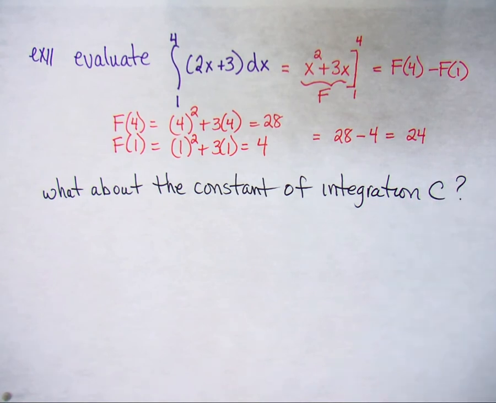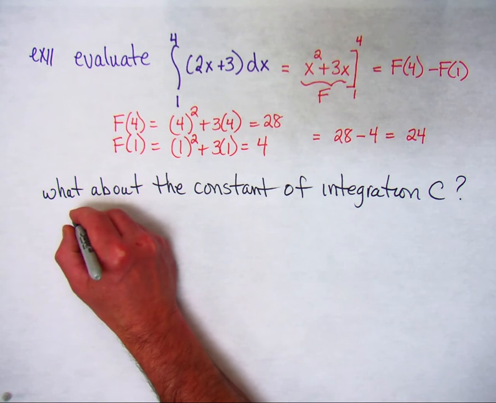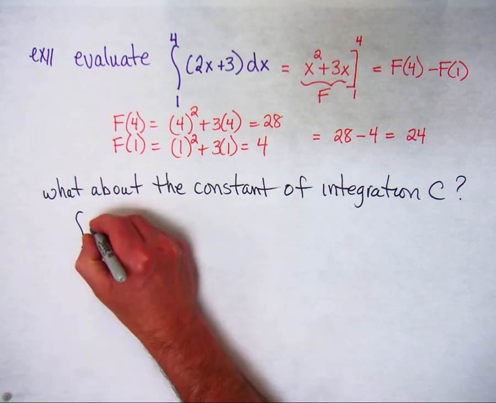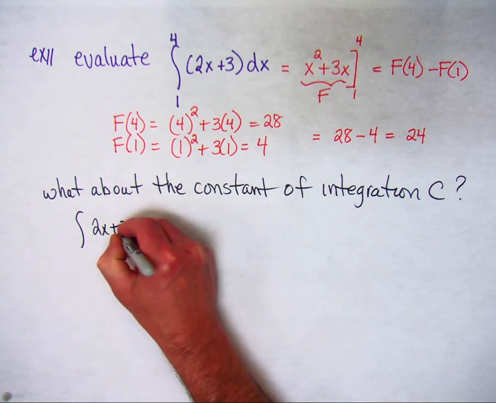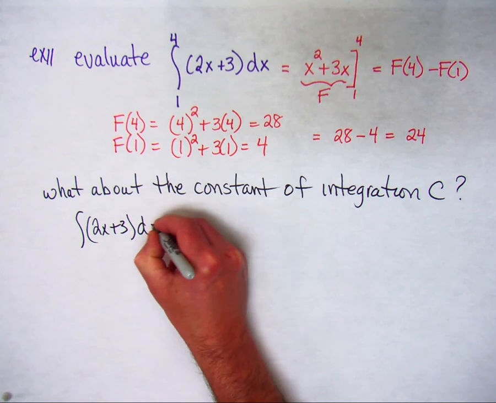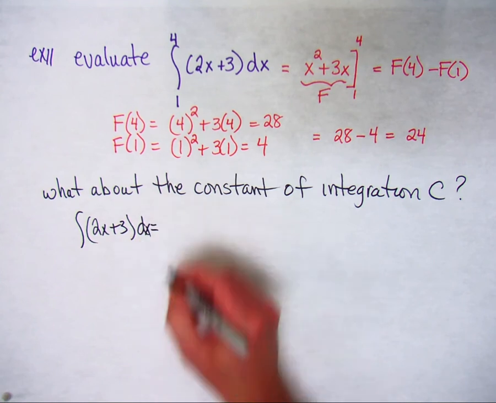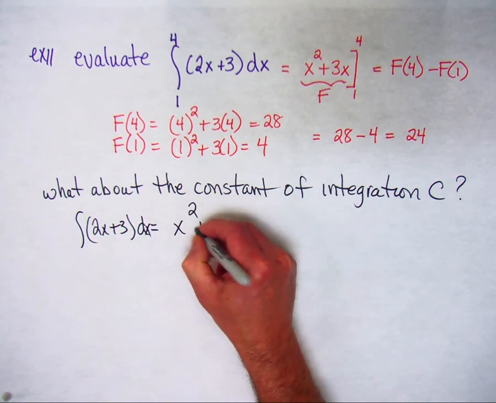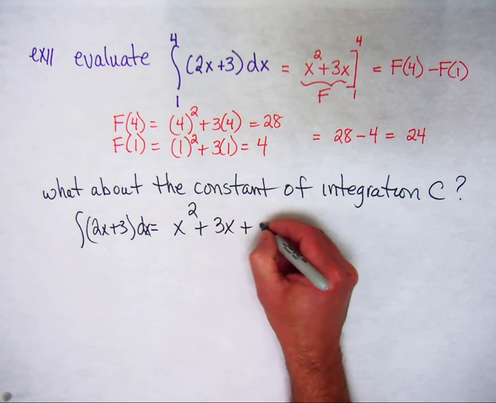I've stressed to you throughout the beginning of chapter 8 that when you're finding an indefinite integral, it's important to put the constant c because we don't know whether the original function had a constant. If we were doing this question right here and just finding the indefinite integral of 2x plus 3 with respect to x, we would write x squared plus 3x plus c.